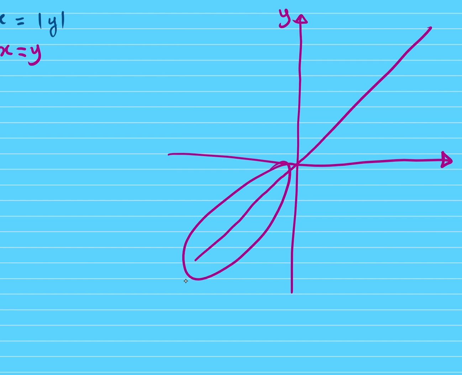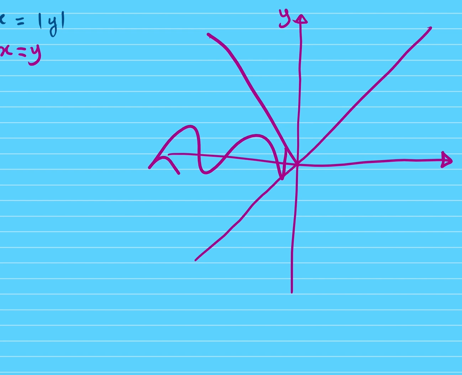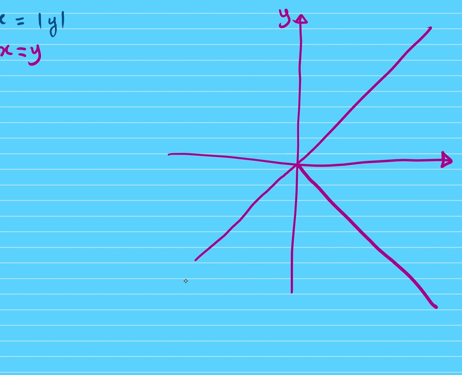This part here ensures that you have x negative, so we have to bounce it back. Not up, not that way, because if you drew it that way, you still have x negative. This is the negative axis. So you want to bounce it back this way, which ensures that all your x's are positive, and you do not want this part that gives your x negative. Okay, so this is your x equals the modulus of y.